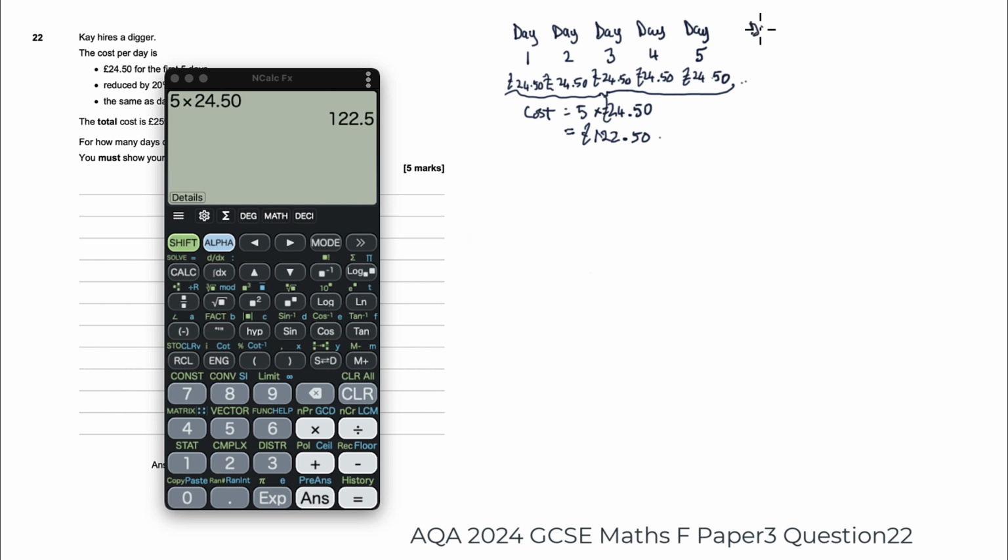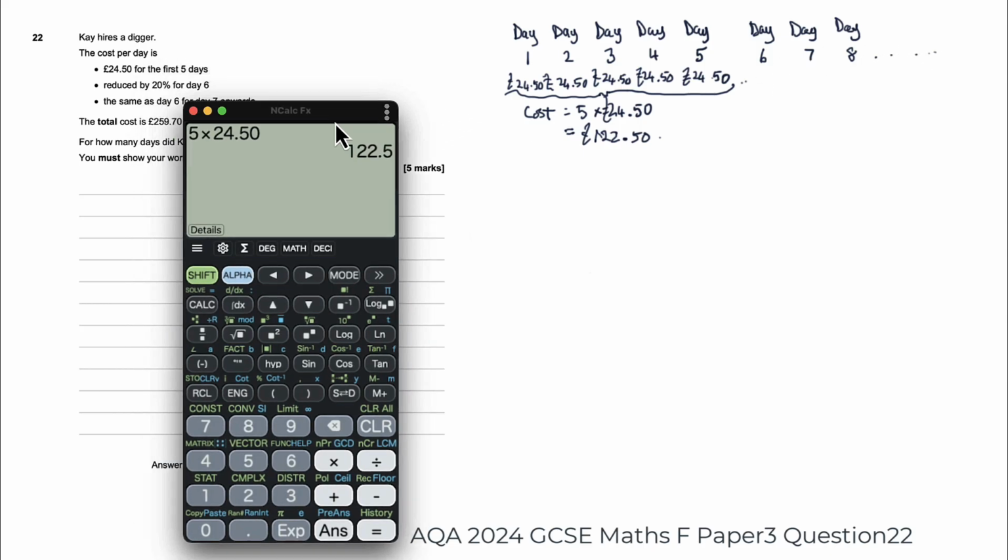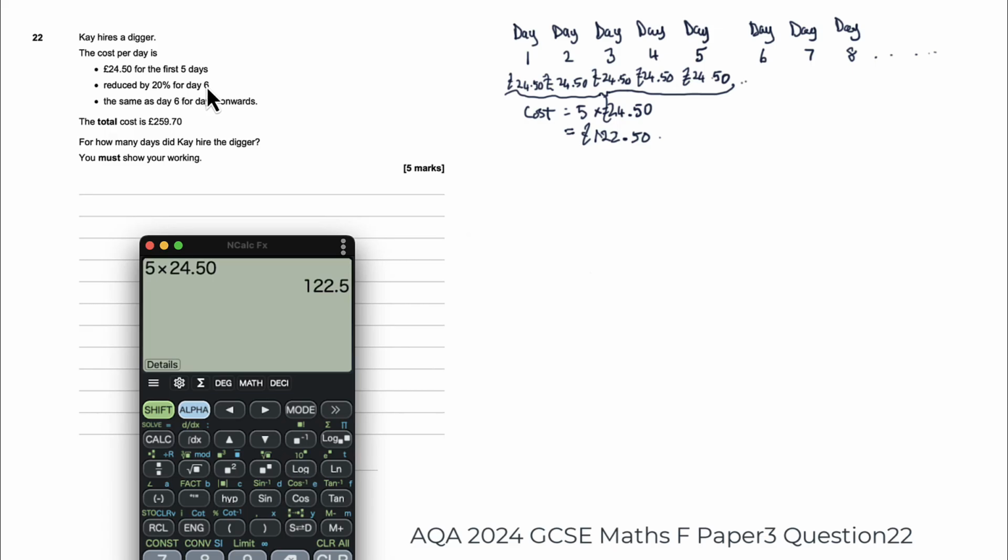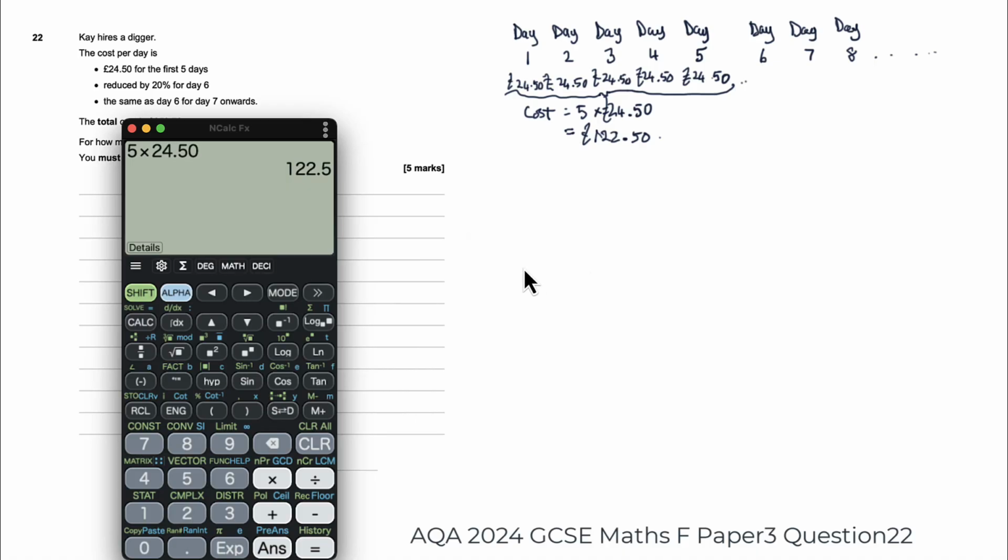Now things get slightly more complicated. Well, from the point of view of working out the costs, we're told that on day 6, the cost is reduced by 20%, and then after that, every day is the same as day 6 costs. So all these costs are the same, but they're 20% less. Now, there are various ways of working out this reduction.